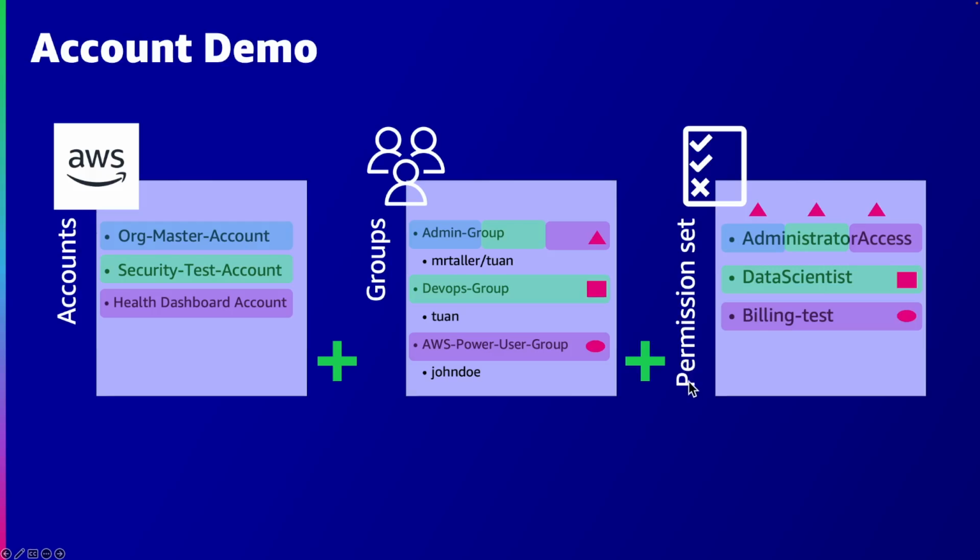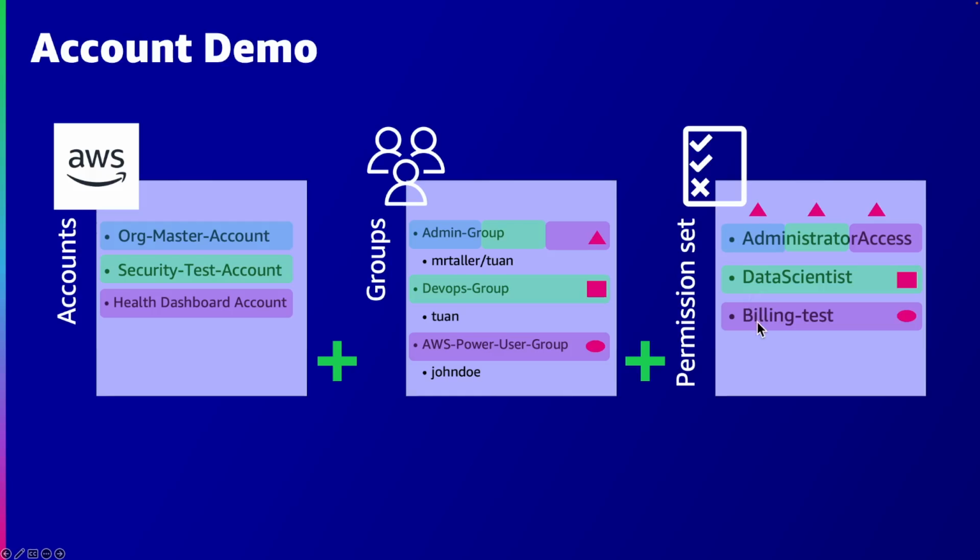And also the permission sets: we have 3 different permission sets, admin access, data scientist, and billing test. Again, each permission set will be associated with a different set of the AWS accounts on the left-hand side. For example, the admin access would be associated with 3 AWS accounts, meaning that all these 3 AWS accounts would have this permission set.